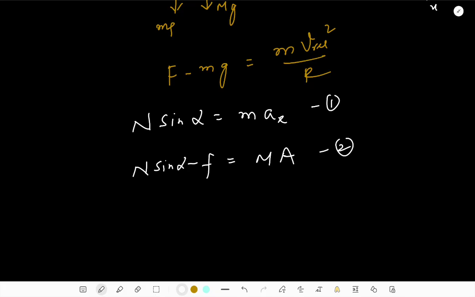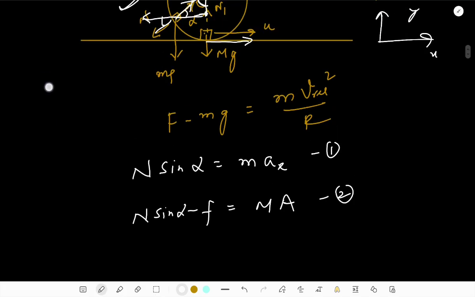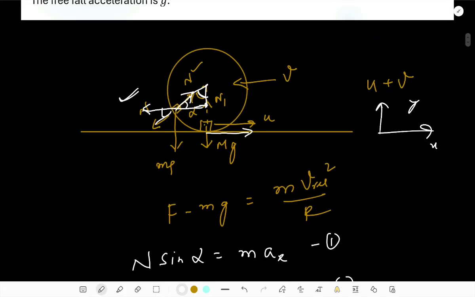And again, since it is rotating, we need to write the equation of motion of rotation about the axis passing through the normal to the plane of the paper and passing through its center of mass. So this axis basically is rotating in this manner.